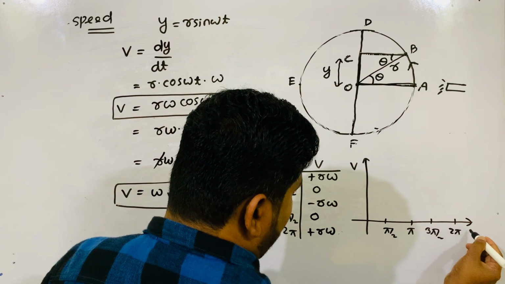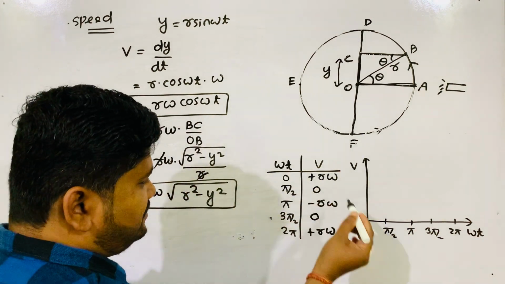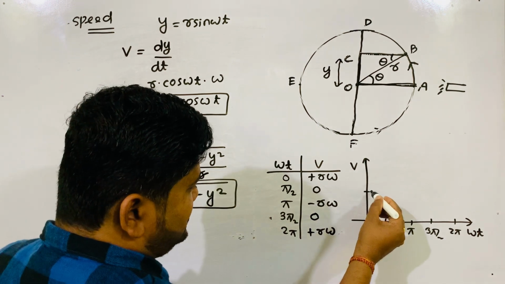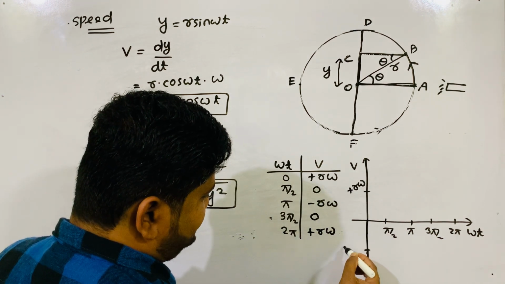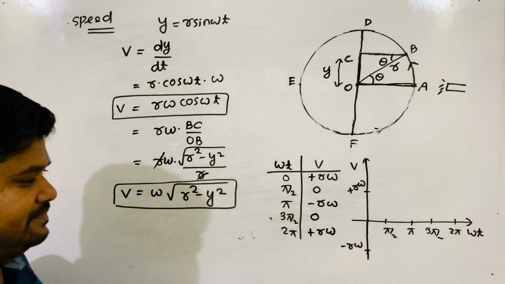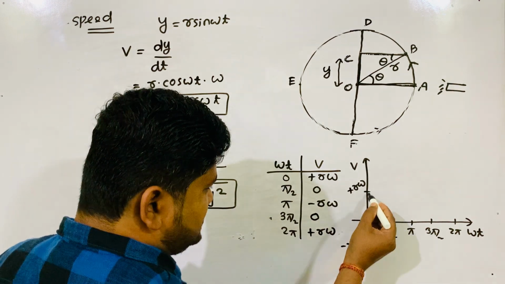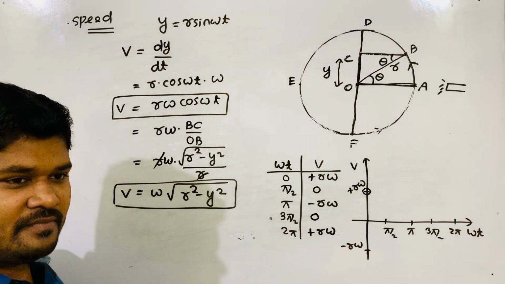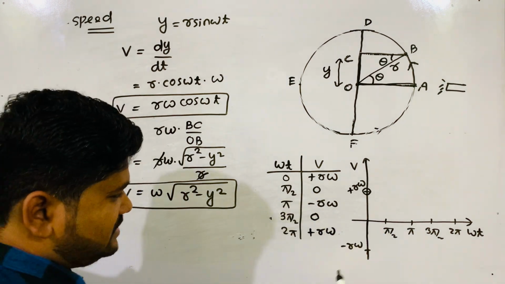Put the points: make plus r omega here and minus r omega here. So when omega t is 0, v is plus r omega at this point. When it's pi by 2, then it's 0, meaning the point is here.